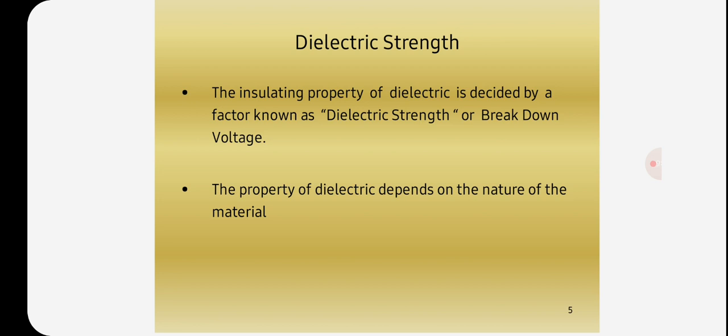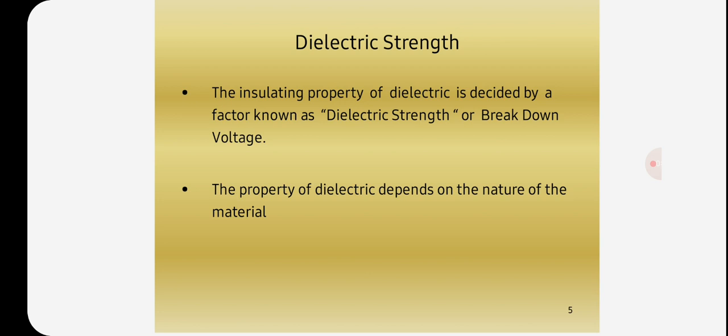The dielectric materials have few free electrons. When the applied voltage across such a material is gradually increased, some electrons may be detached from the dielectric, resulting in a small current to flow. If the applied voltage exceeds a critical value, then it allows a heavy electric current, more than the leakage current, to flow through it.